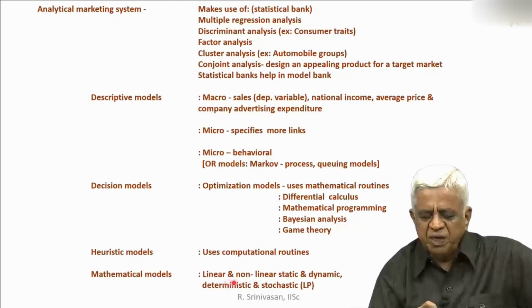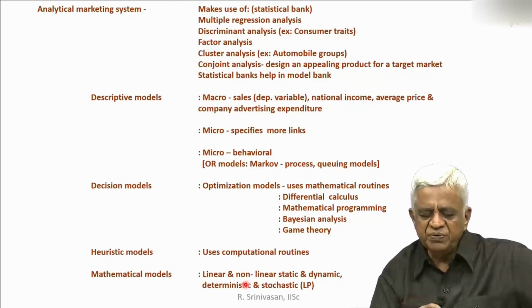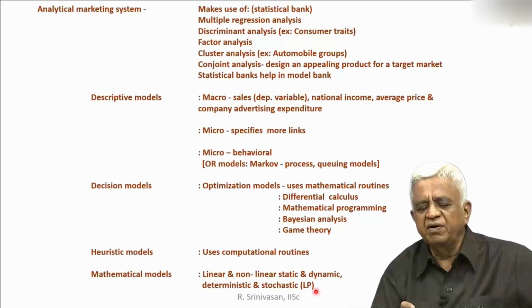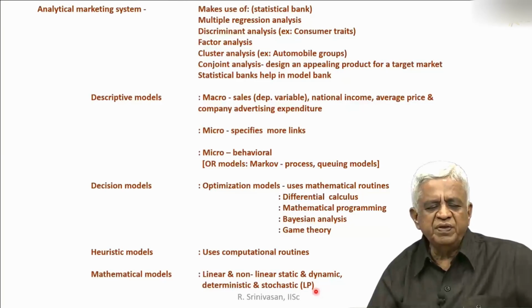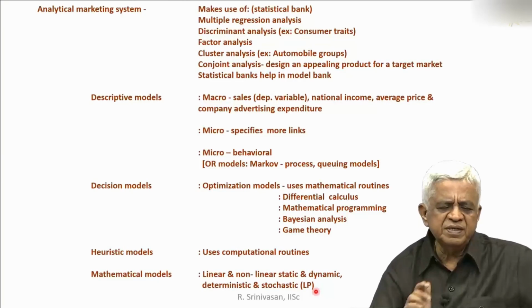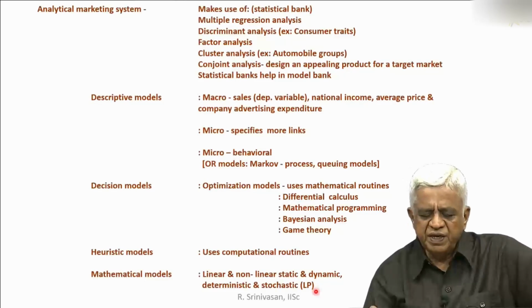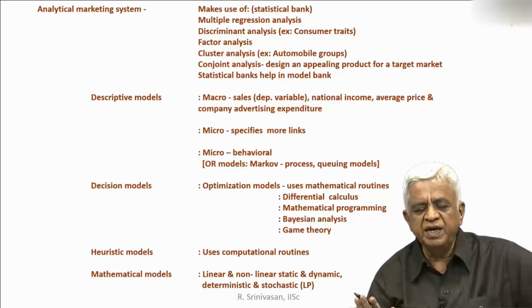Then again, we may also make use of mathematical models where we use linear programming and nonlinear programming. It can be static or dynamic, deterministic or stochastic, depending on the type of models that you are solving. So these are basically the vast gamut of analytical marketing system activity that is taking place in the realm of marketing in the present day context.